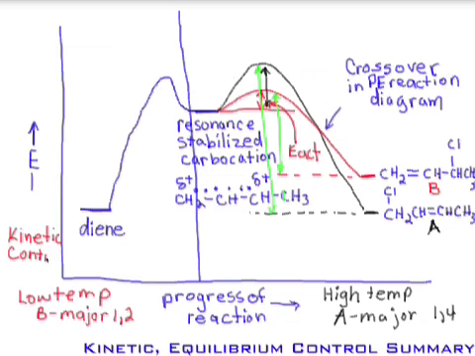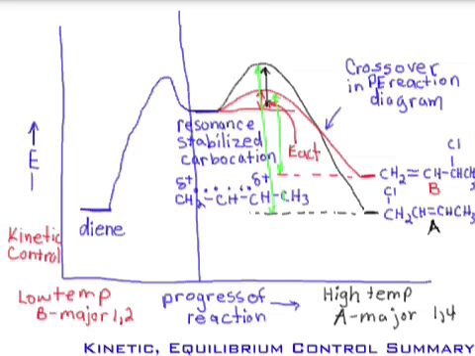Well, remember, kinetics has to do with rates, how fast the reaction goes. And what determines how fast the reaction can go? It's the size of the hill. So if the size of the hill is controlling which product's major, since the size of the hill controls the rate, or the kinetics, the reaction is said to be under kinetic control. Low temperature, where the 1,2 product predominates, is called kinetic control.